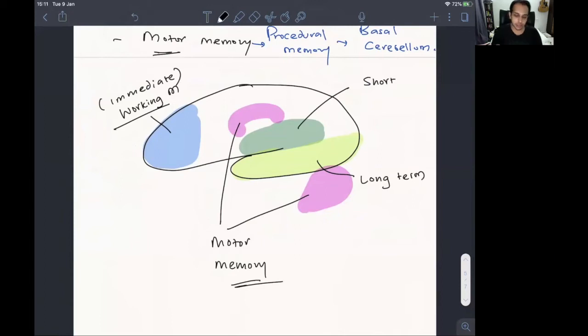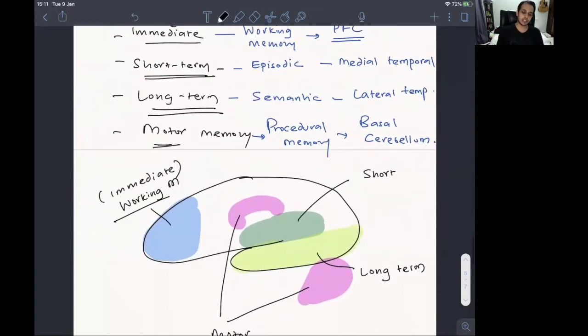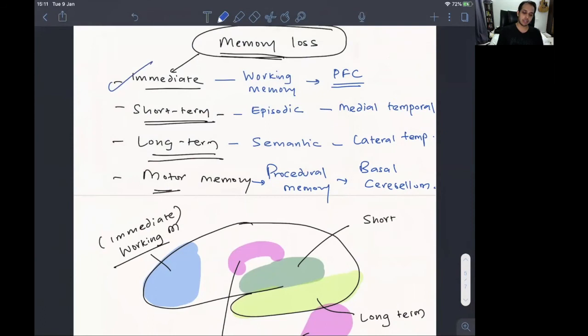Fine. So step one to approaching a case of memory loss is asking which one of these, whether it's immediate, short term, long term, or motor, which one of these is gone.